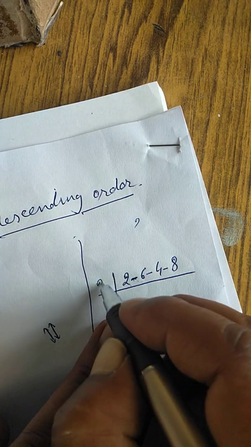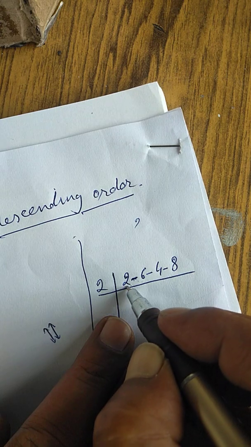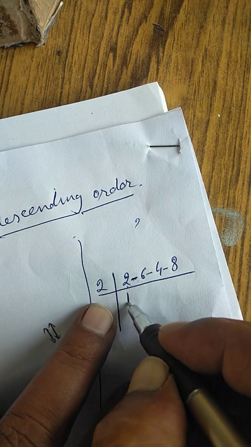That is 2, right? When we divide 2 by 2, we get 1.